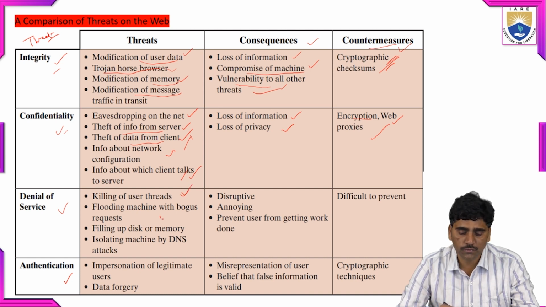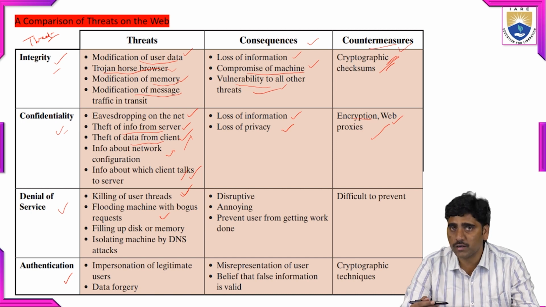And the second one is flooding the machine with bogus requests. That is nothing but different types of flood attacks, filling up disk or memory unnecessarily by sending multiple flood requests, so the disk or memory gets filled very fast.